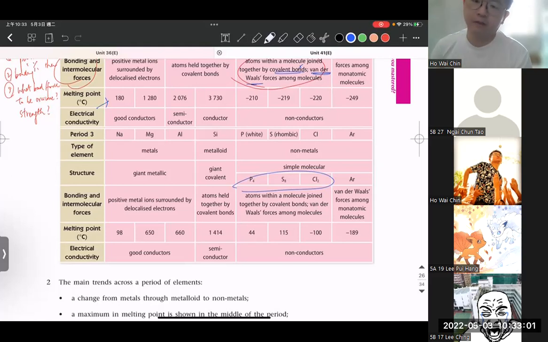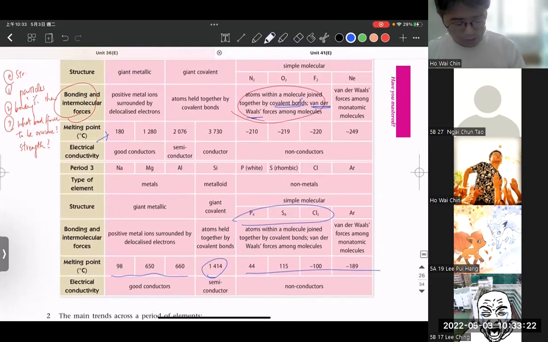Up and down a little bit, but most of them are at a very low temperature. When you compare with silicon, a very high one, the highest peak, while for the other 3, from sodium to aluminum, it gives you an increasing trend. So this is what you know when you describe melting point.